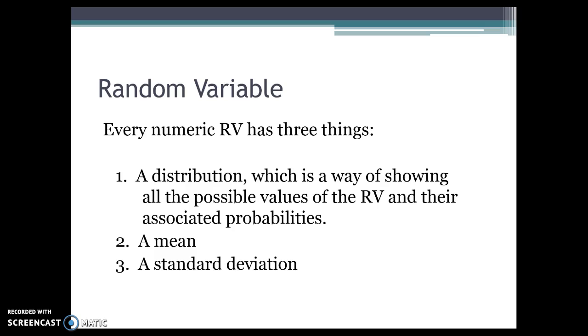I'll point out that random variables describe the population. So if we're talking about the amount of time it takes to drive from the Charlotte airport to the Atlanta airport, that random variable would represent all of the possible values in the population. Therefore, this mean and this standard deviation here are mu and sigma, not x bar and s.